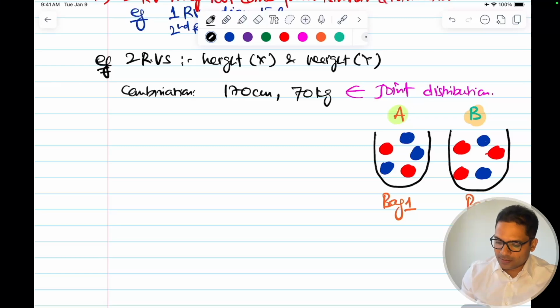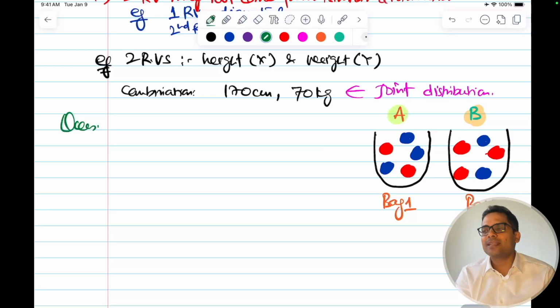So there are 2 bags, bag 1 and bag 2. Now my statement is that a ball is randomly selected from each bag, from bag 1 and then bag 2, and both the draws are independent of each other.